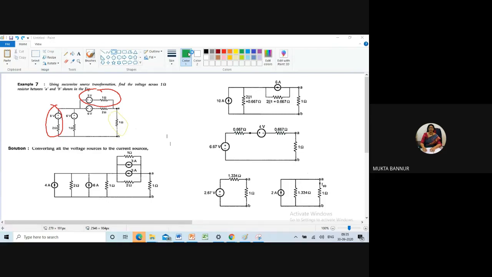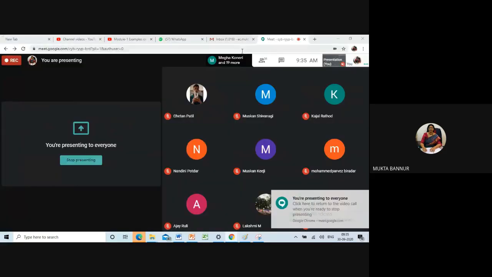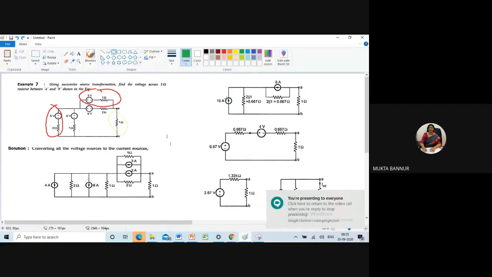See here now. These two current sources are in series. They are not in parallel. Thus, we cannot replace them by a single current source.